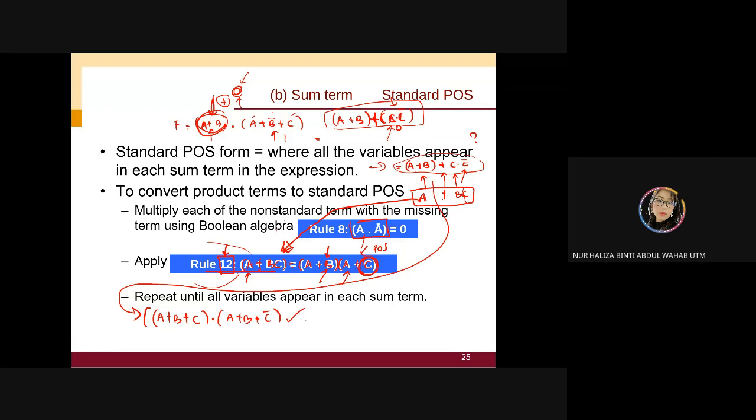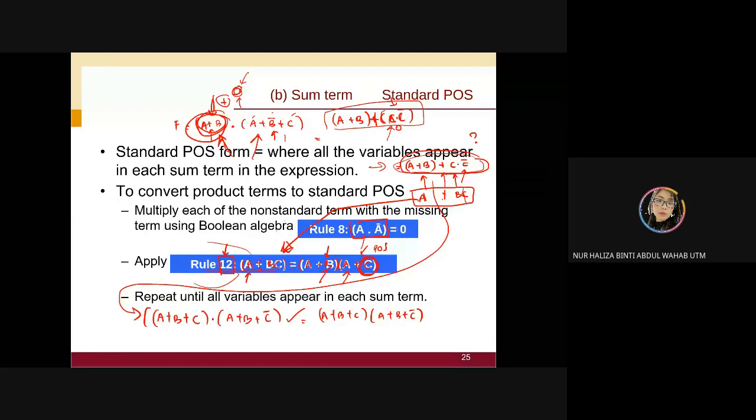Then this is my answer for this part, for my ABC. So from here, I have A plus B plus C, A plus B plus C bar, and this is my sum 1. And this, I'm going to get A plus B bar plus C bar for this part.